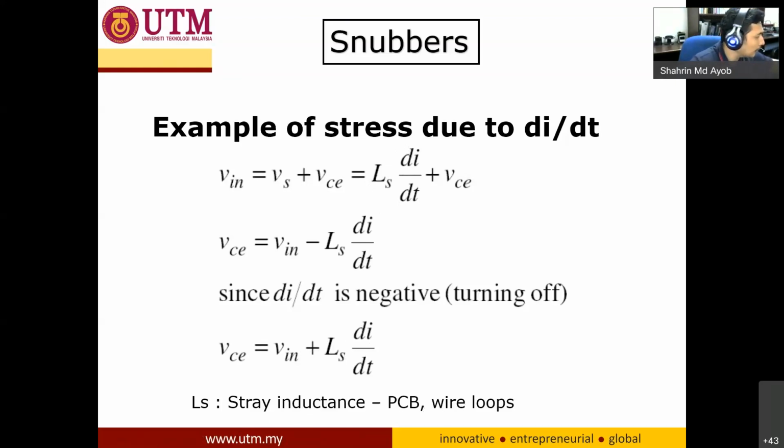For example, wire loops are like this. If you have a wire jumping from this terminal to this terminal, each wire has a current flow. If there is a current flow inside this wire and a current flow inside that wire, some mutual inductance is created between these cables.